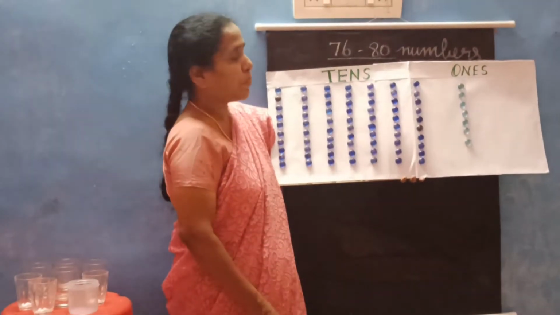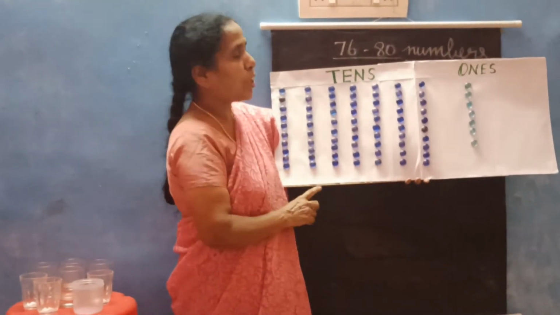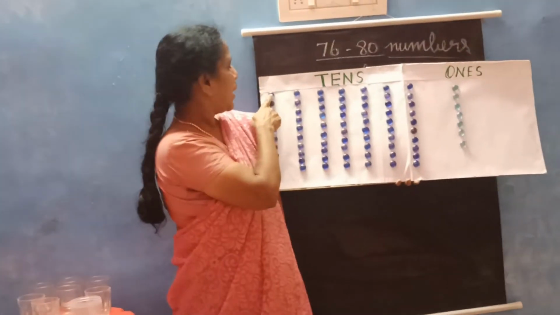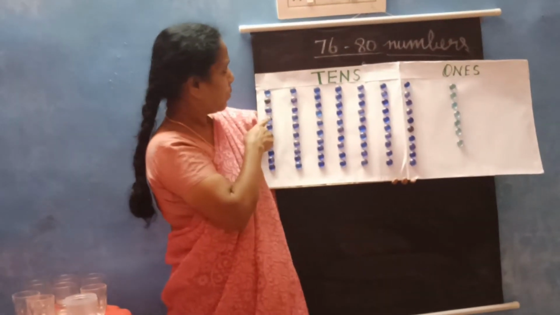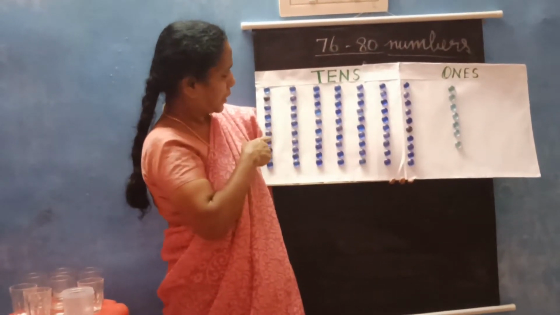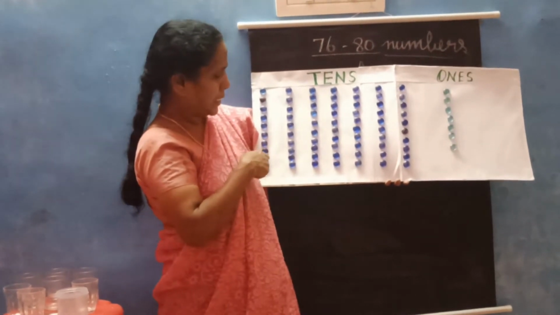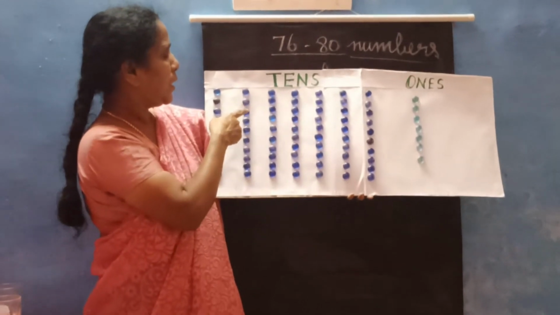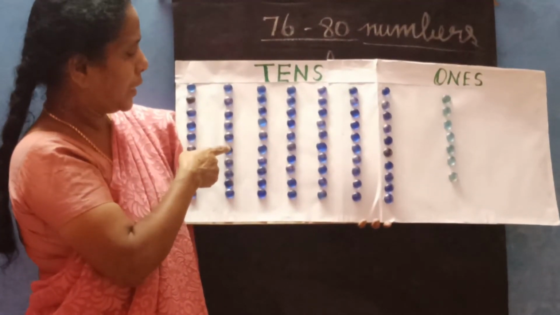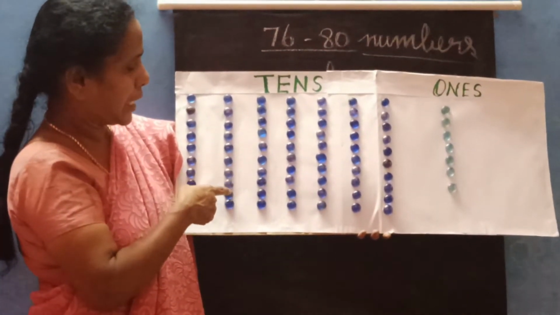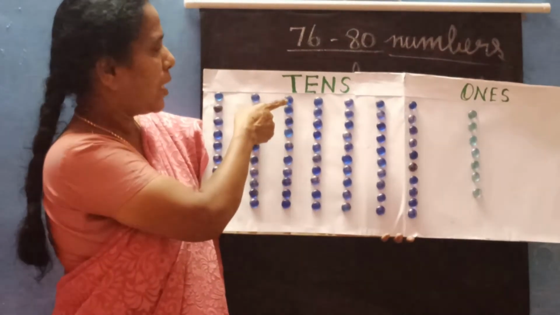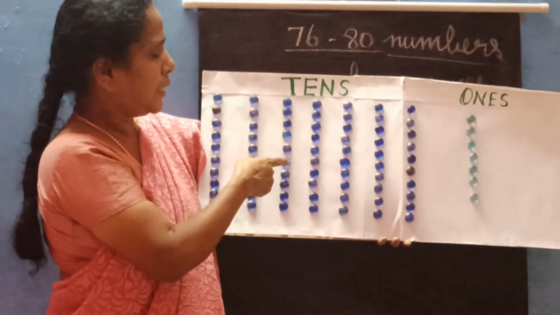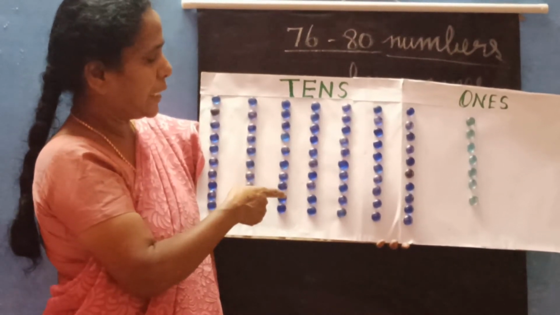Now we will see number 77. In 77, how many tens are there? How many ones are there? We will see. 1, 2, 3, 4, 5, 6, 7, 8, 9, 10. The next column, 1 to 10. The third column, 1 to 10.